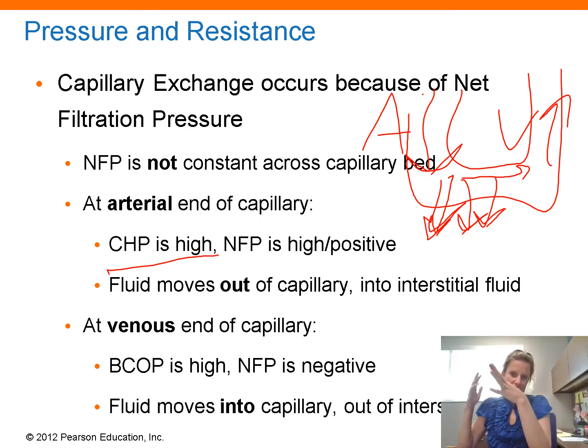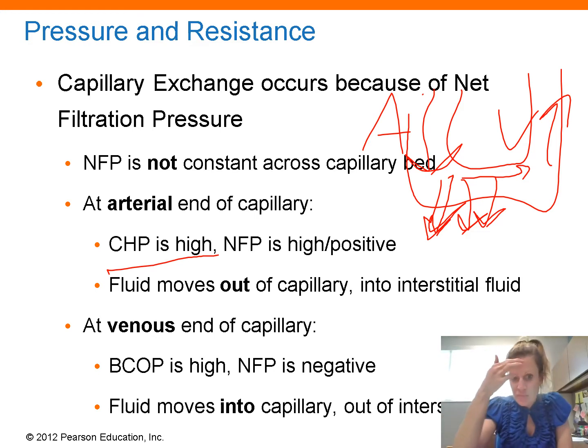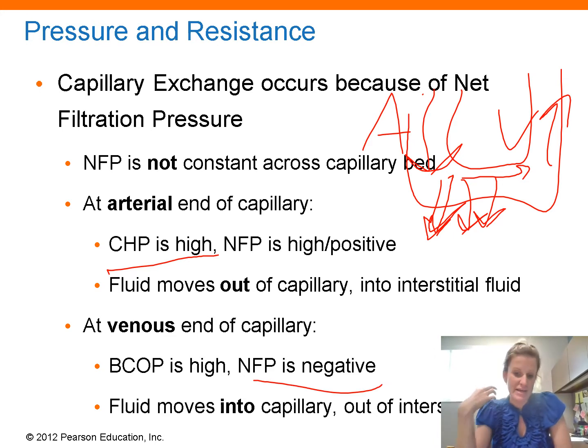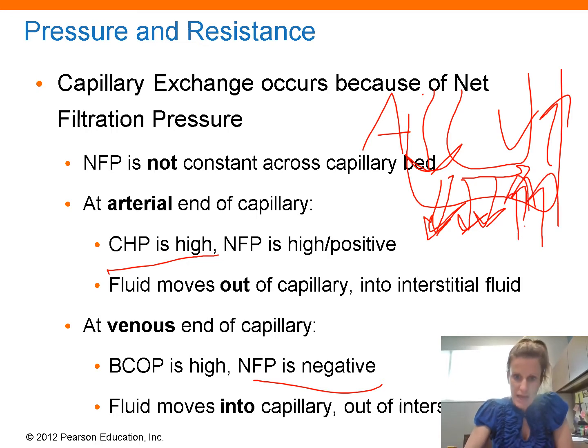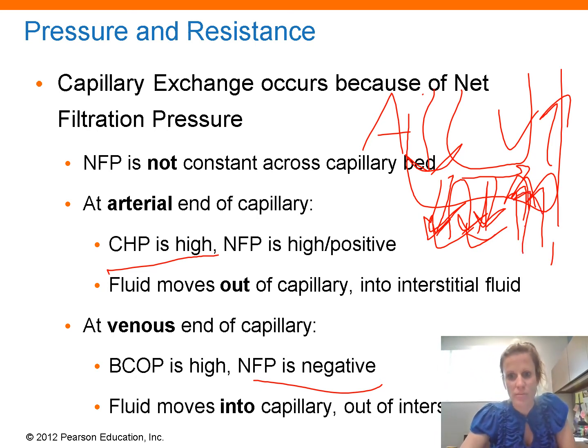Then as we get to the venous end of the capillary bed, overall, we see that the net filtration pressure is negative. That means there's more force pulling back in than there is pushing out, so we end up reabsorbing at the end. So when we first flow into the capillary bed, we tend to push fluid out. That's filtration. At the end of the capillary bed, we reabsorb back in.